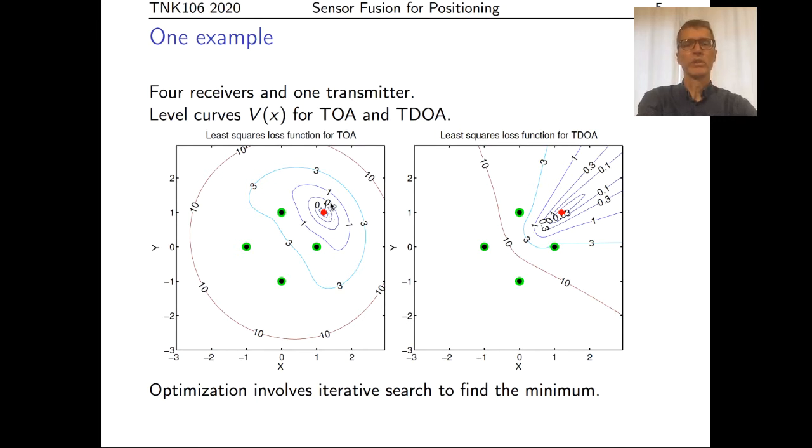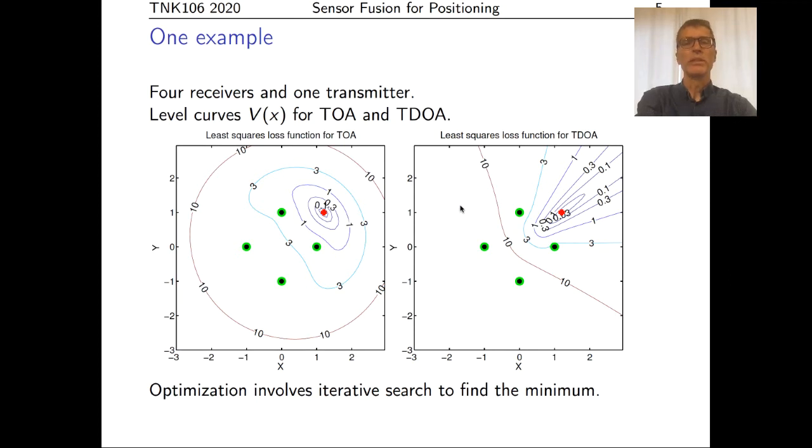The loss function will then have level curves according to this contour plot. And we can see that locally around the true object position, the level curves are more or less elliptical. And that means in optimization that it's quite simple to find the minimum point by iterative search algorithms.